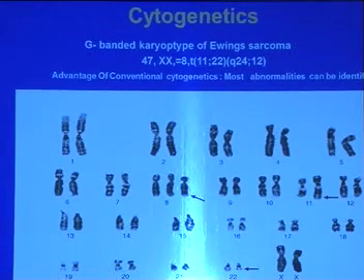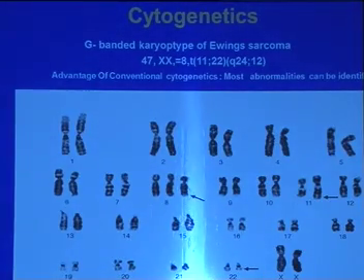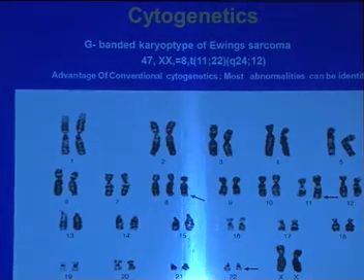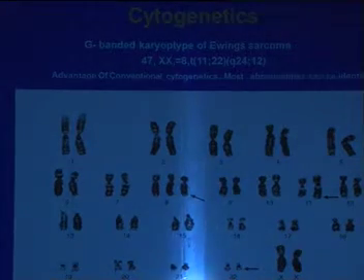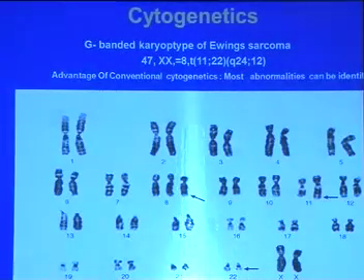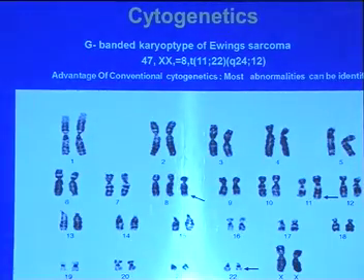You stimulate the cells to multiply, and then you harvest the cells and make a karyotypic analysis. This is an Ewing sarcoma, and what it shows is the t(11;22) translocation. This tumor has a simple translocation, as Dr. Rosenberg mentioned. Part of one chromosome breaks and goes and fixes itself to another chromosome.